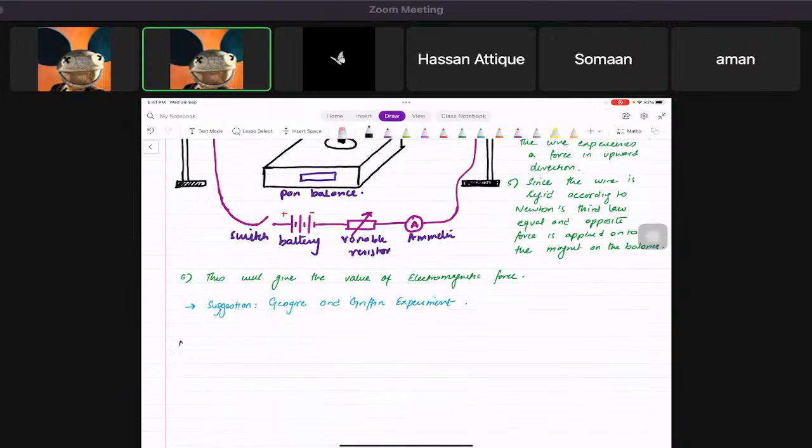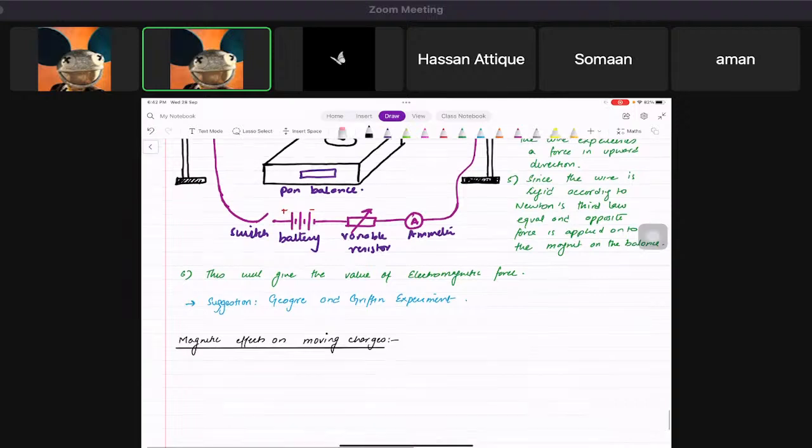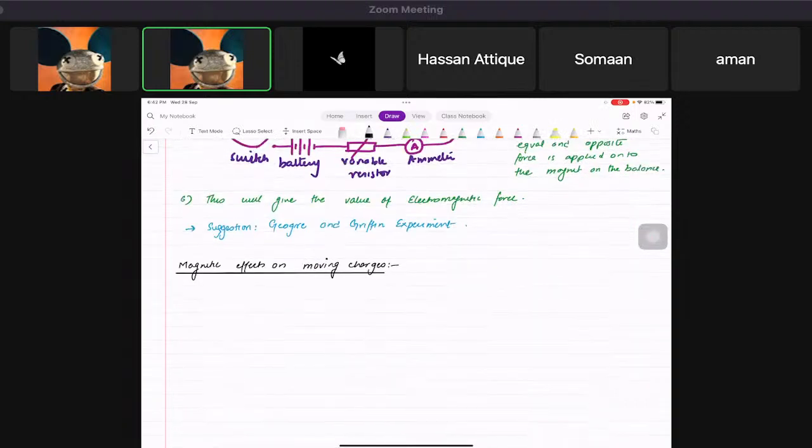So the next thing is magnetic effects on moving charges. Now check this out, please. Imagine there's an infinite magnetic field that is acting into the page like this.